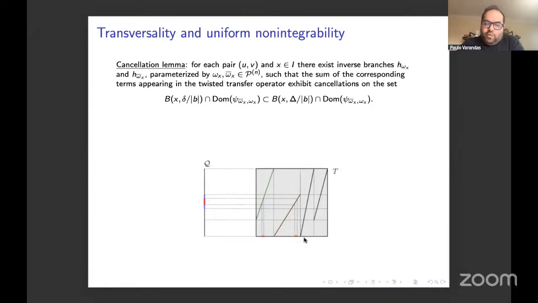And so in a snapshot, what we prove is that if the roof function is not homologous to a piecewise constant roof function, you can always find suitable inverse branches, here represented in green and brown, such that when you take the sums of the roof function along the orbit for the preimages in these different objects, then they produce phases which are farther away, and the sums of these vectors cancel.